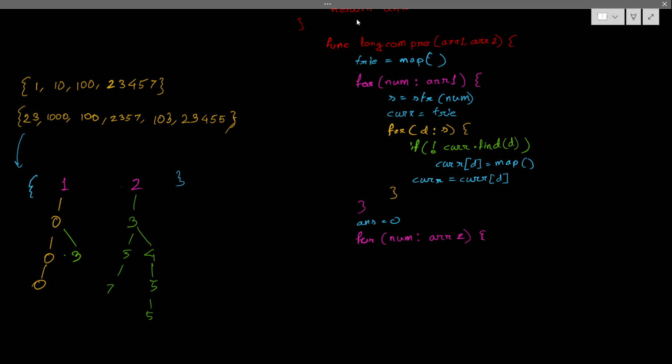Again I have to convert the number into a string, because I have to compare digit by digit. So s is equal to str of number. Right now my current will be the trie.